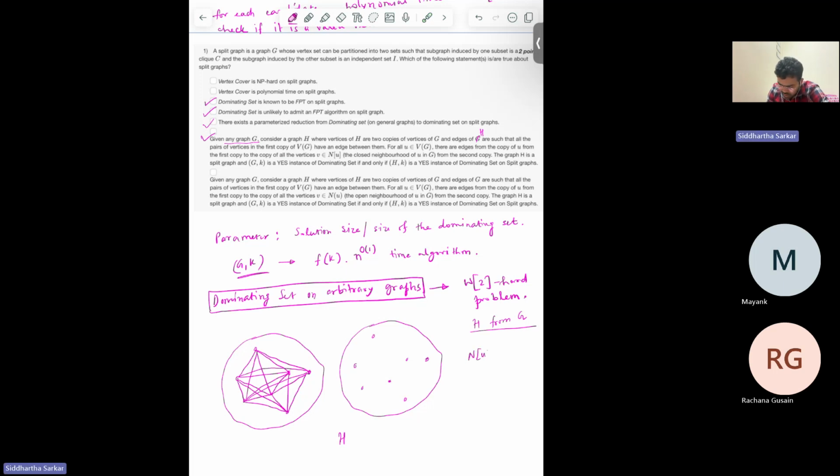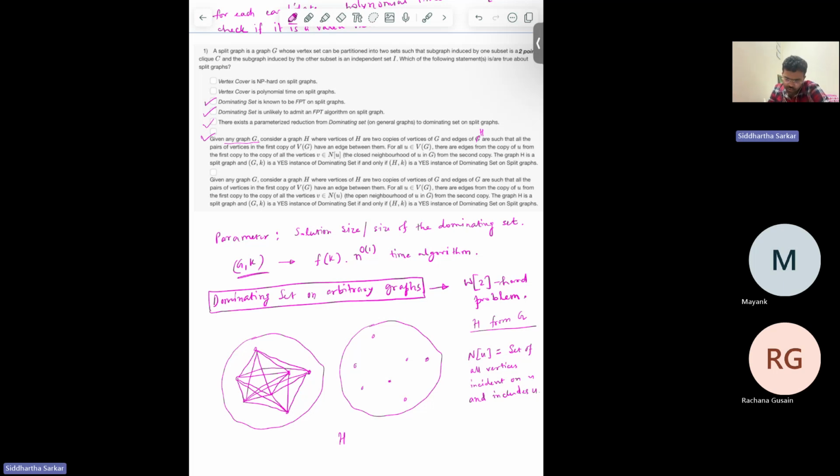The closed neighborhood of U is the set of all vertices incident on U and includes U. So in the set you will include its neighbors and U itself.